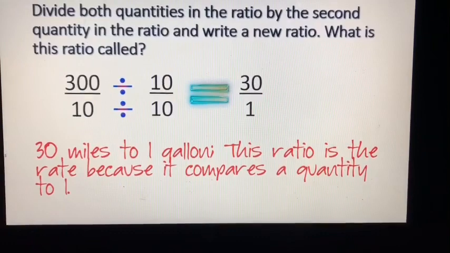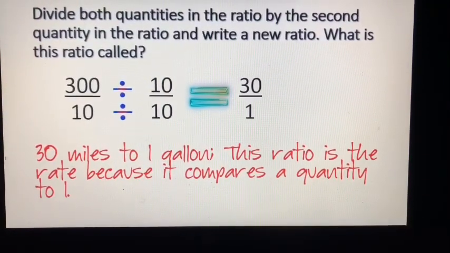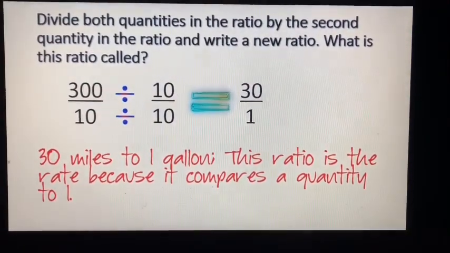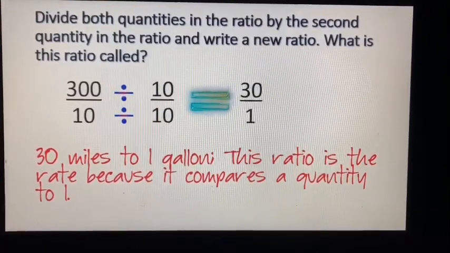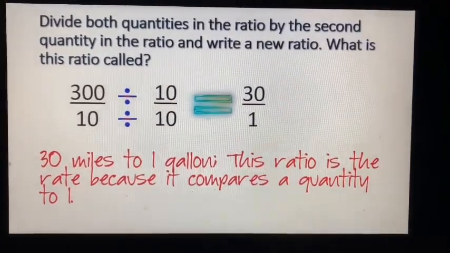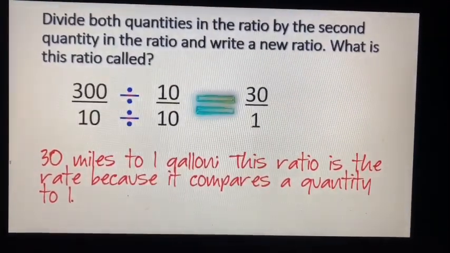What is this ratio called? So we have 300 over 10 divided by 10 over 10 equals 30 over 1. So we would say 30 miles to 1 gallon. This ratio is the rate because it compares a quantity to 1.